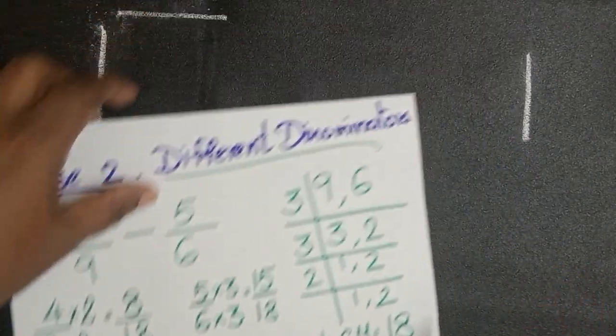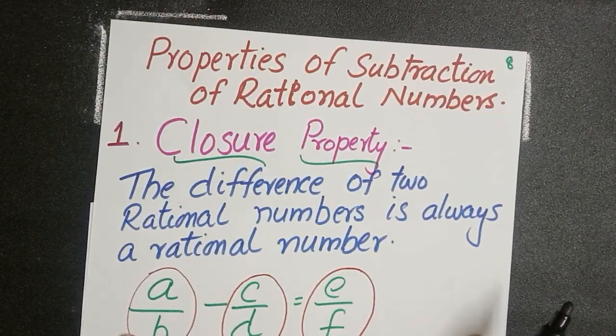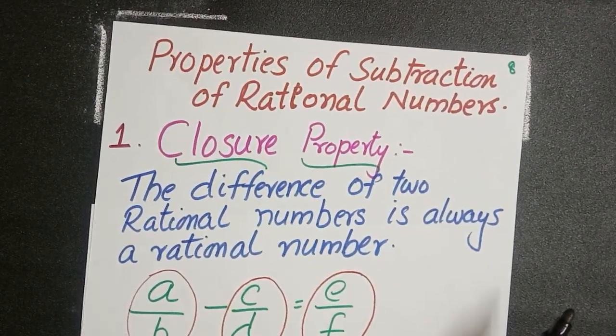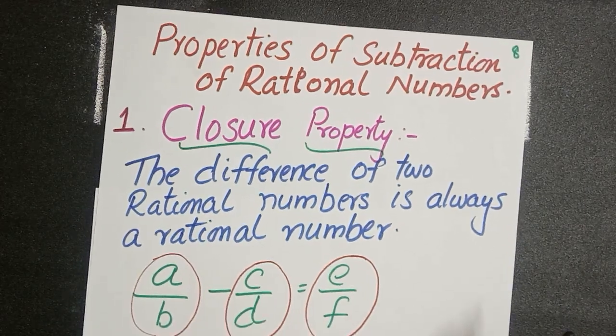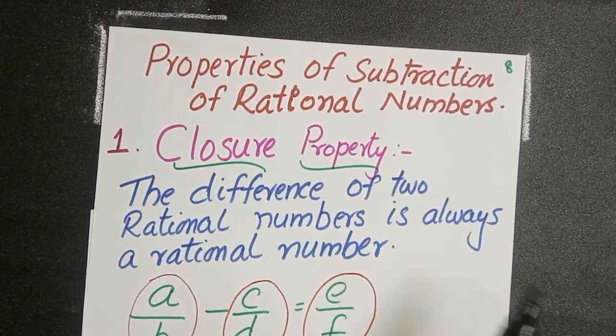Okay. Now we will discuss some of the properties as we discuss the properties of addition. If you take closure property, if you subtract any rational numbers, we always get rational numbers. So this is the property of subtraction.